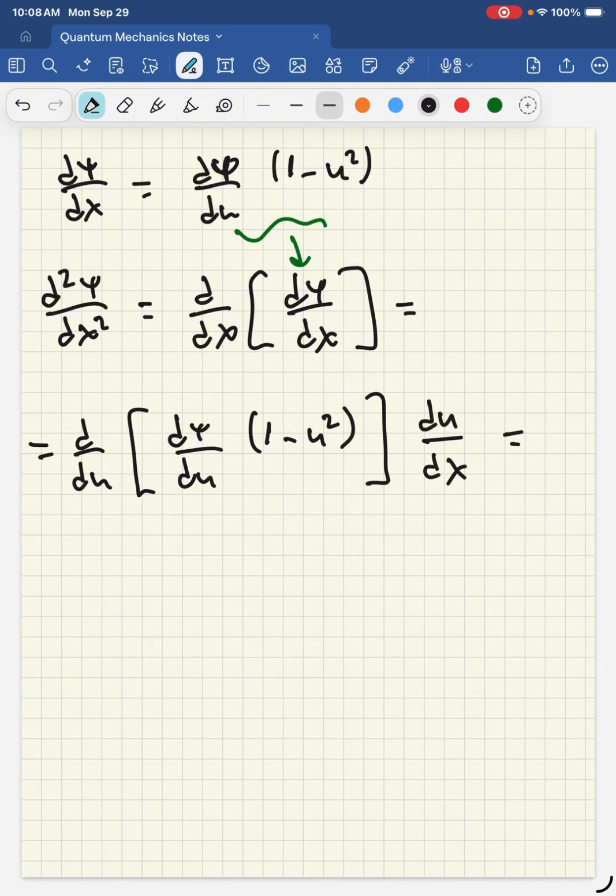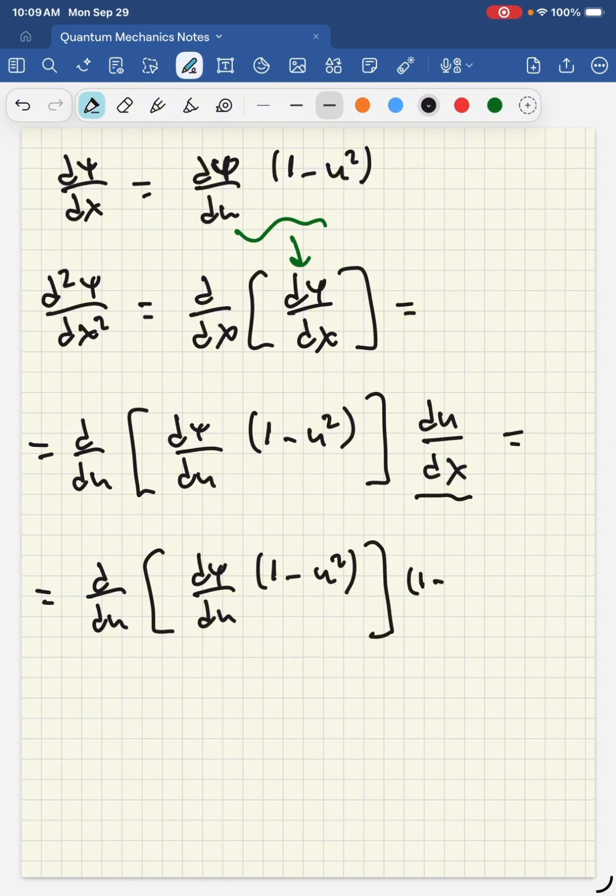So this is equal to d over du of d psi over du times 1 minus u squared, times 1 minus u squared. We will leave it there because it's going to be a mess to take this derivative, so we will keep it like that, and you will see why in a moment. Let's call this 5.